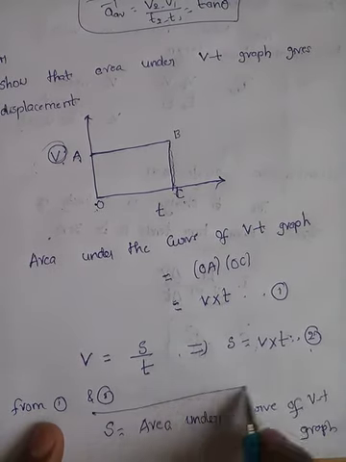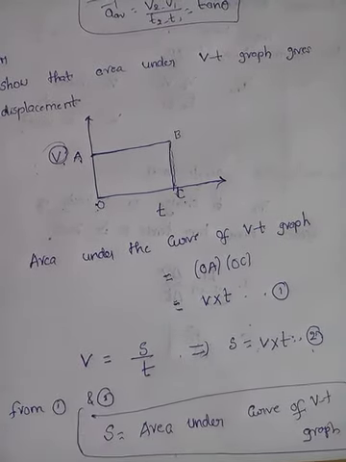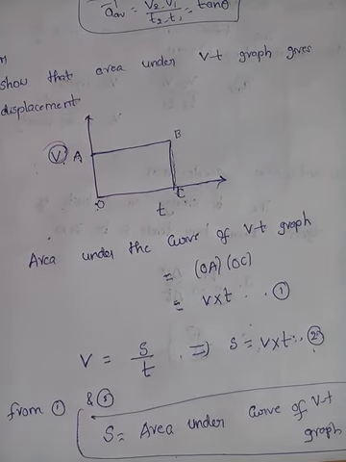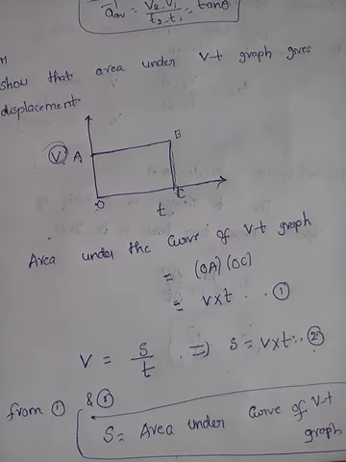So if you want to calculate displacement in a velocity time graph, the area under the curve gives displacement, and the slope gives acceleration. We can get displacement, velocity, acceleration and time by seeing the velocity time graph.